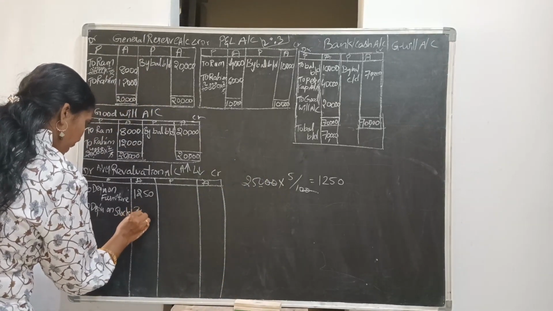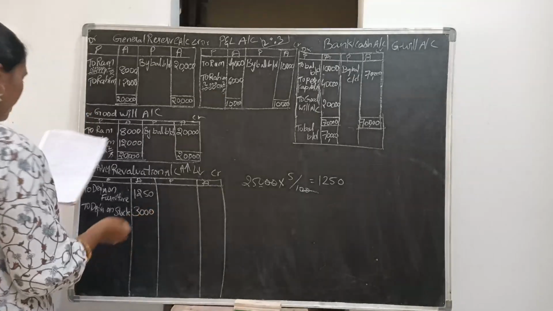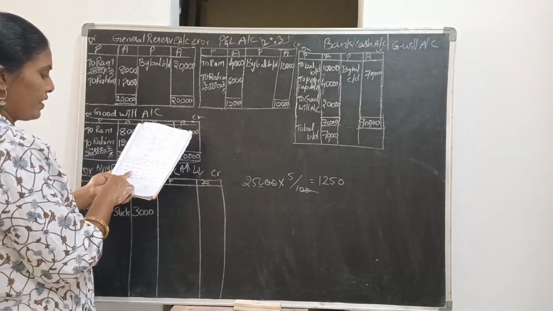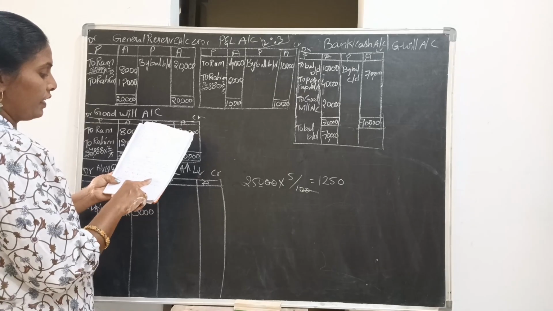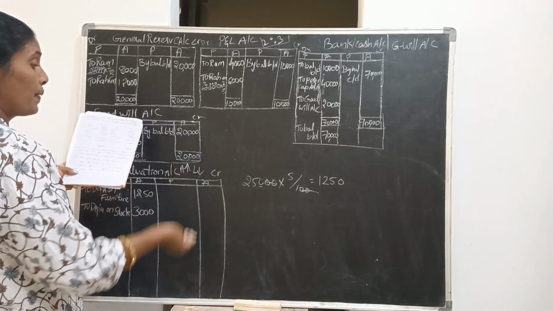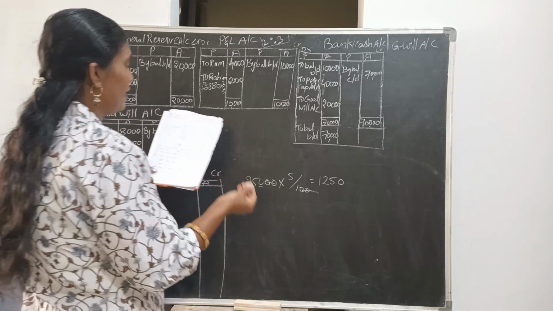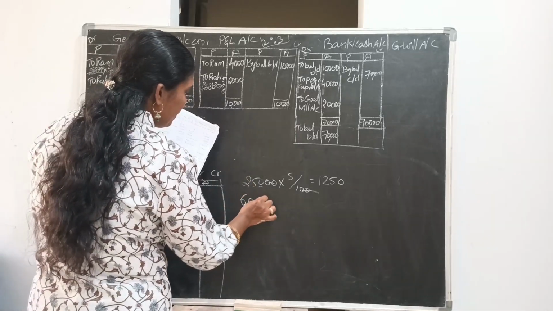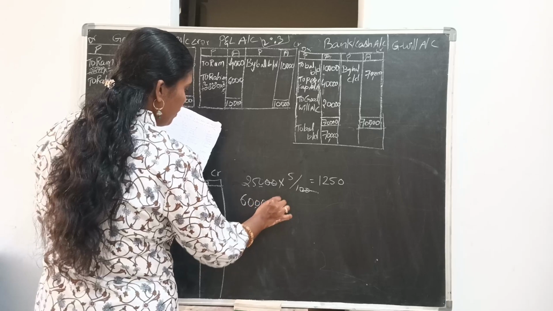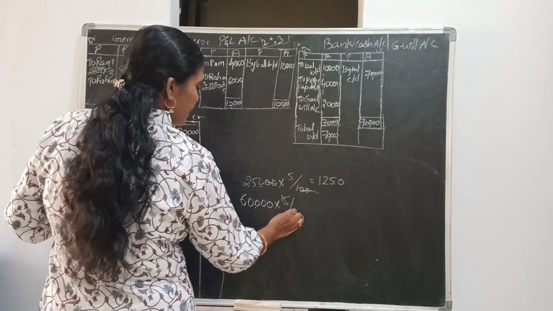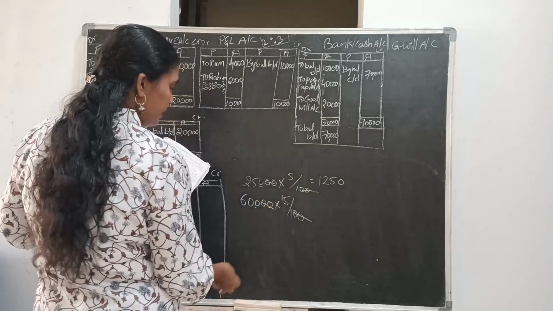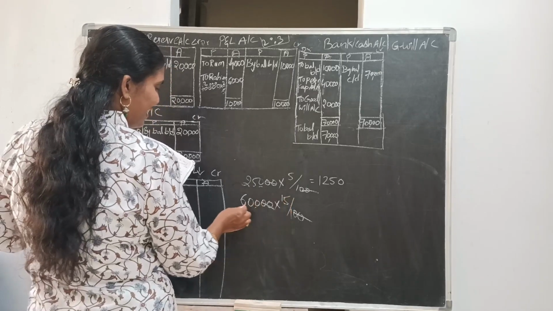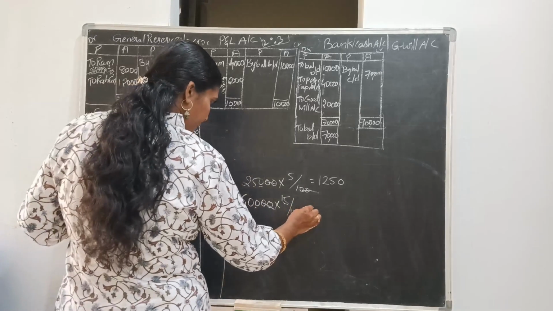So write down 3,000. Next, appreciate building value by 15%. We are increasing the value of the building. The value of the building is 60,000. 15 by 100. Zeros cancel. 15 6s are 90.